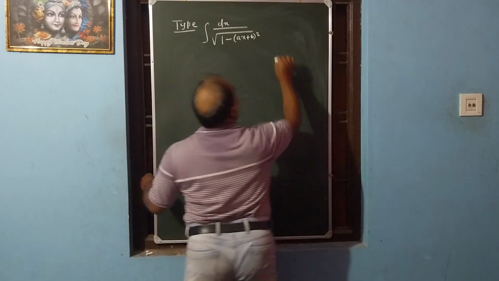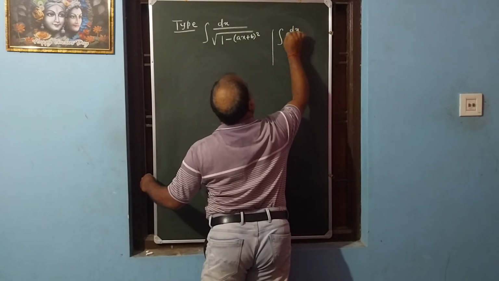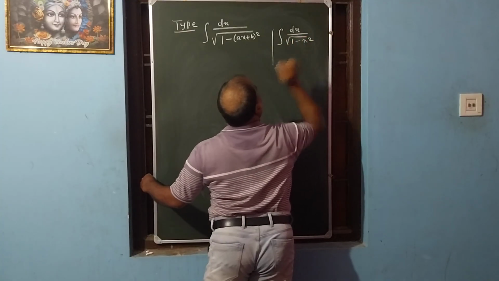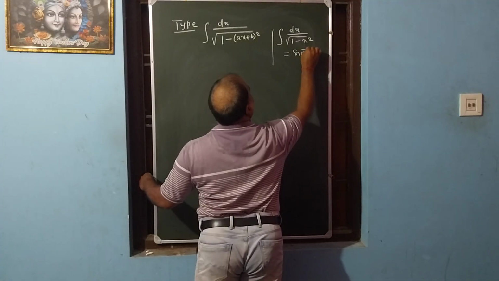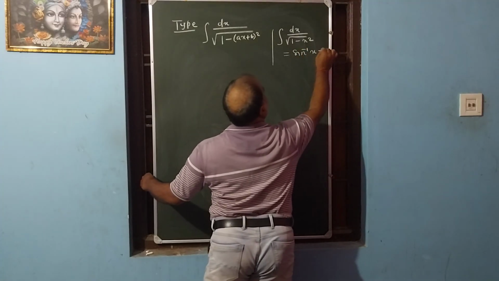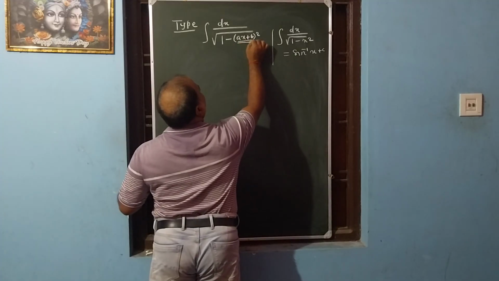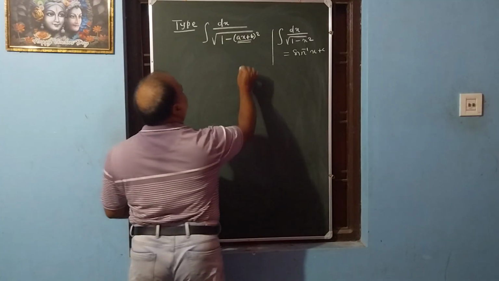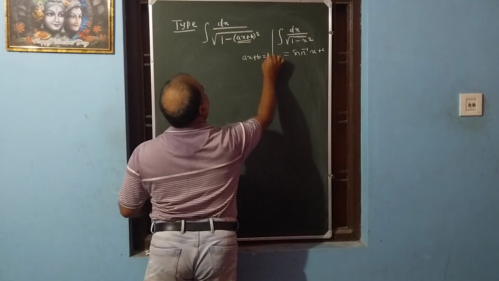We know that the integration of dx upon root of 1 minus x square is equal to sine inverse x plus c. But today, in place of x, we have ax plus b. So first of all, we have to take ax plus b equal to t.